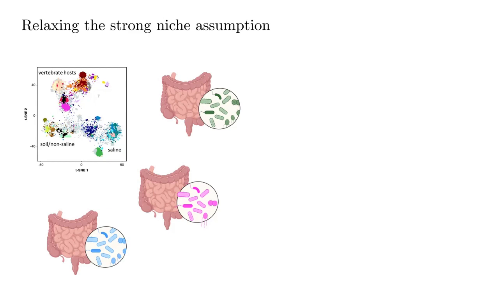So you say, well, if I'm in the human gut, then the human guts are so similar to each other that you don't really see a strong niche effect in delineating. So you have a general filter. These subset of microbes can live in the gut, but within these microbes, there's no strong environmental filter anymore.